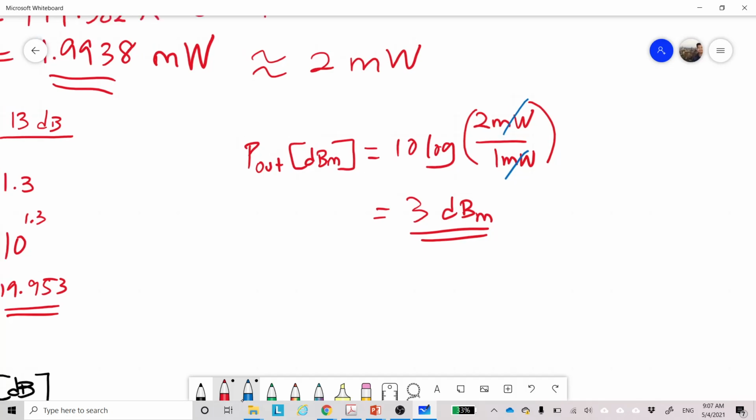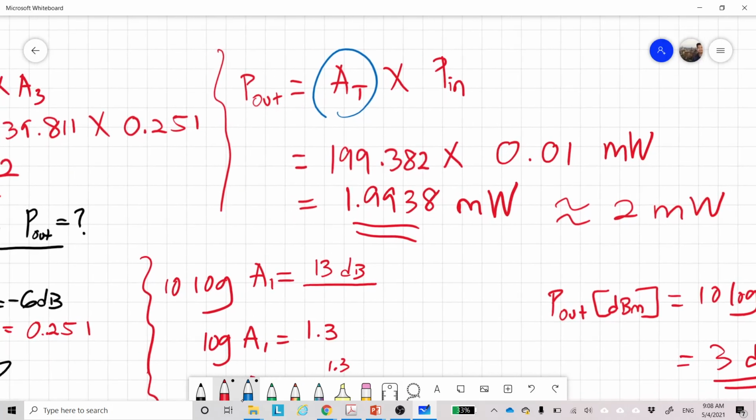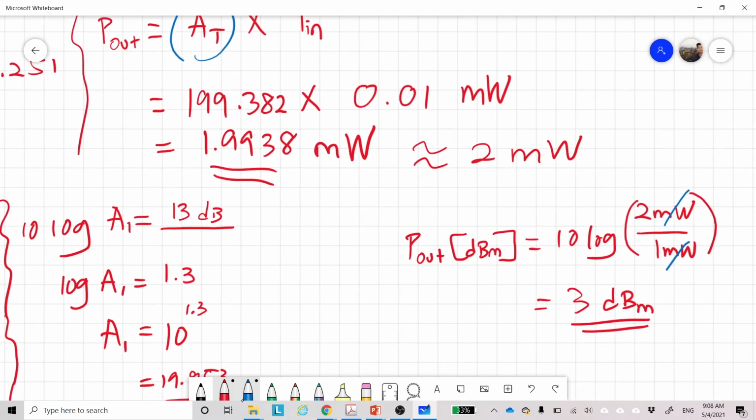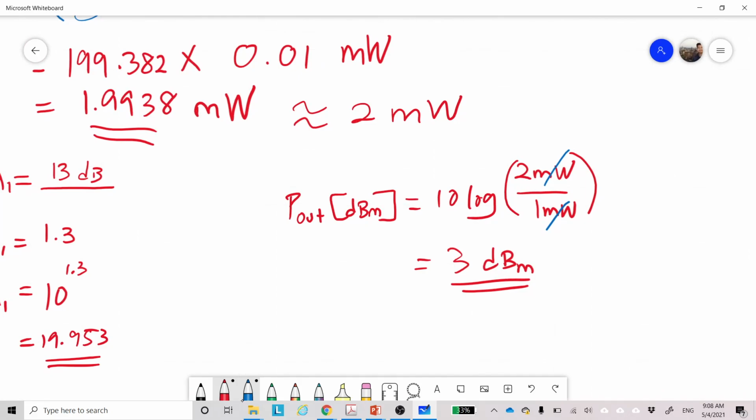Okay, yang tadi of course betul, this one, because we convert one by one and then we do the multiplication process, so we get 199.382. Okay, so if it is equal to 3 dBm, that means the answer is correct, same as previously.